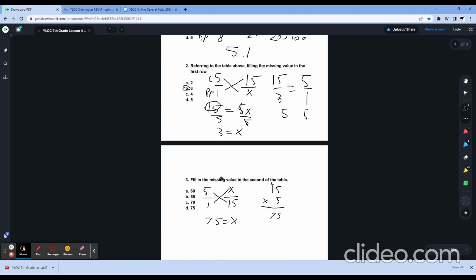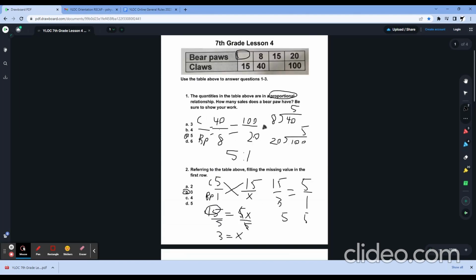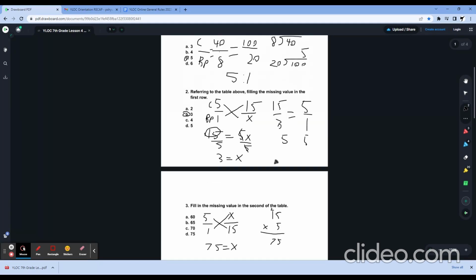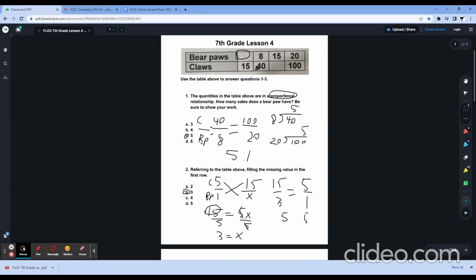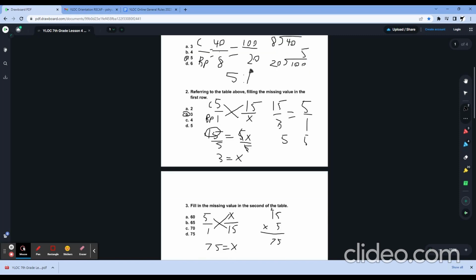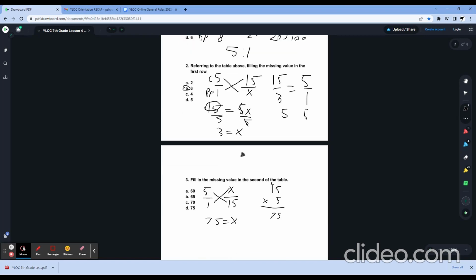So number 3, fill in the missing value in the second row of the table. So this one, we are given the number of bear paws, but we're not given the number of claws. Whereas number 2, we were given the number of claws, but not the number of bear paws. So we can just go through this process again of cross multiplying.